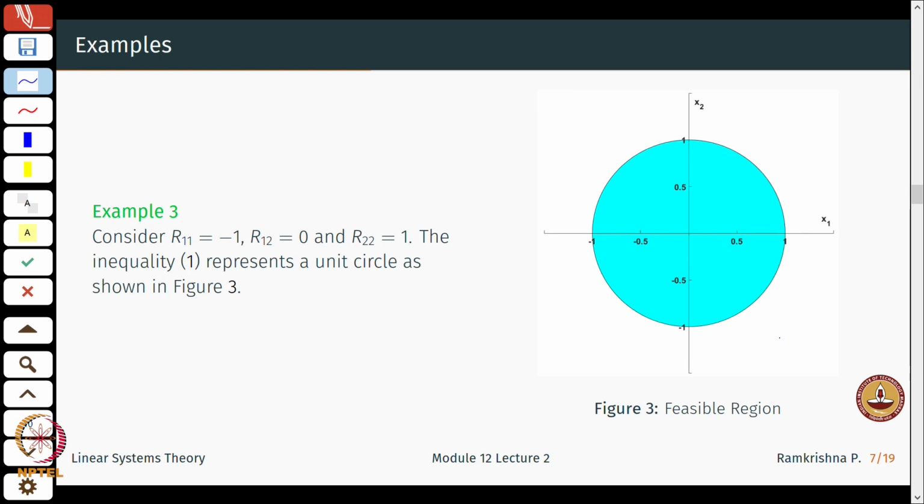A few examples of these D_R regions. If I take a very simple example of R11 being -1, R12 being 0, and R22 being -1, this gives me the standard unit disk, the general stable region.